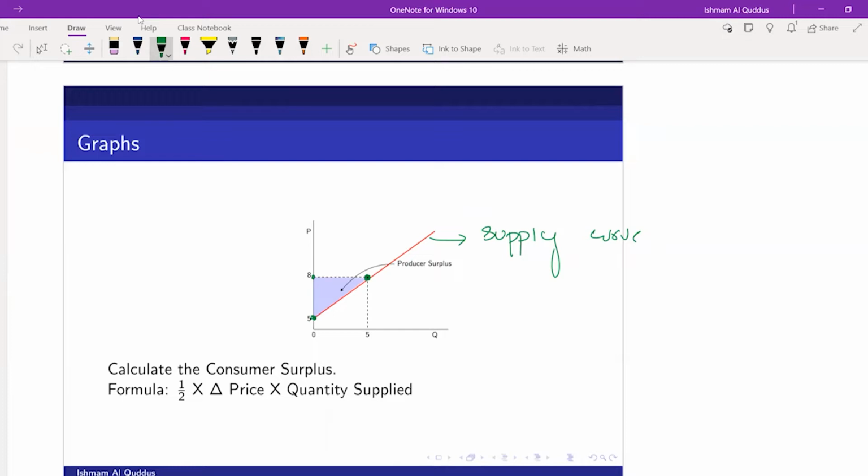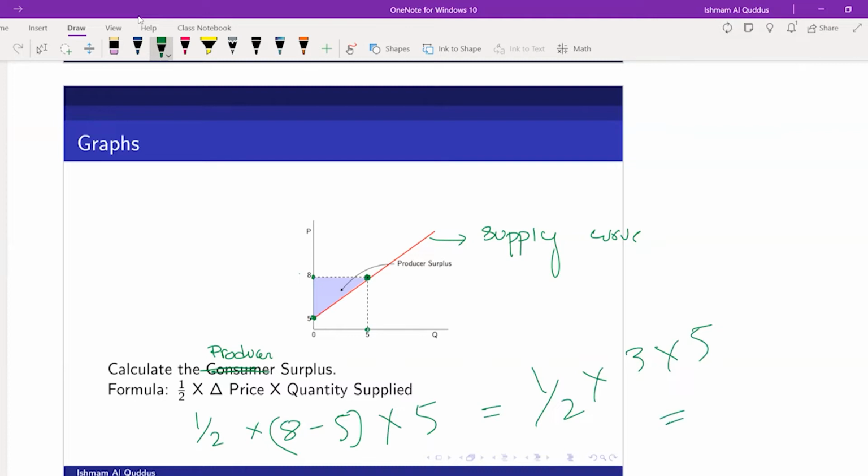Now, using the same formula, we can calculate the producer surplus. This would be producer surplus, and it would be half multiplied by change in price. Here it should be 8 minus 5. So half multiplied by 8 minus 5 multiplied by the quantity supplied, which is 5. So this should be half multiplied by 3 multiplied by 5. Should be 7.5, right? 15 divided by 2, 7.5.